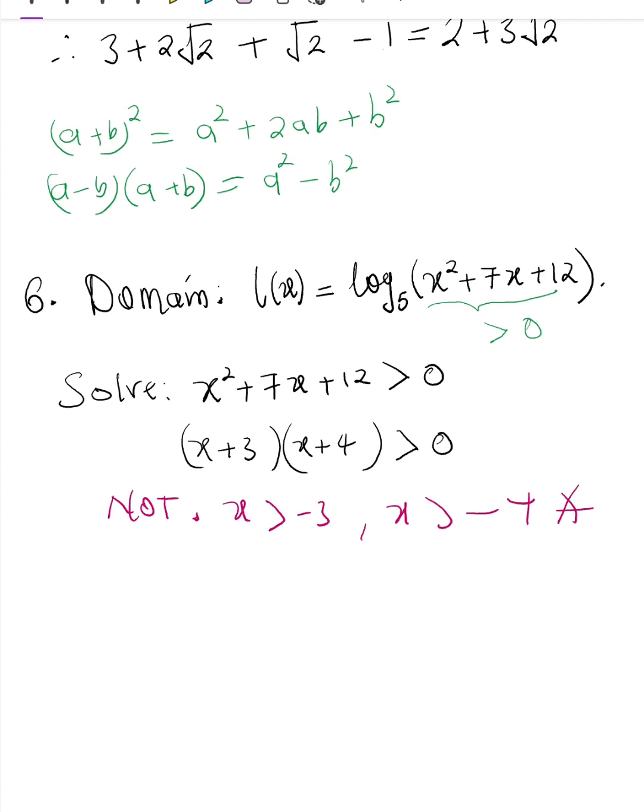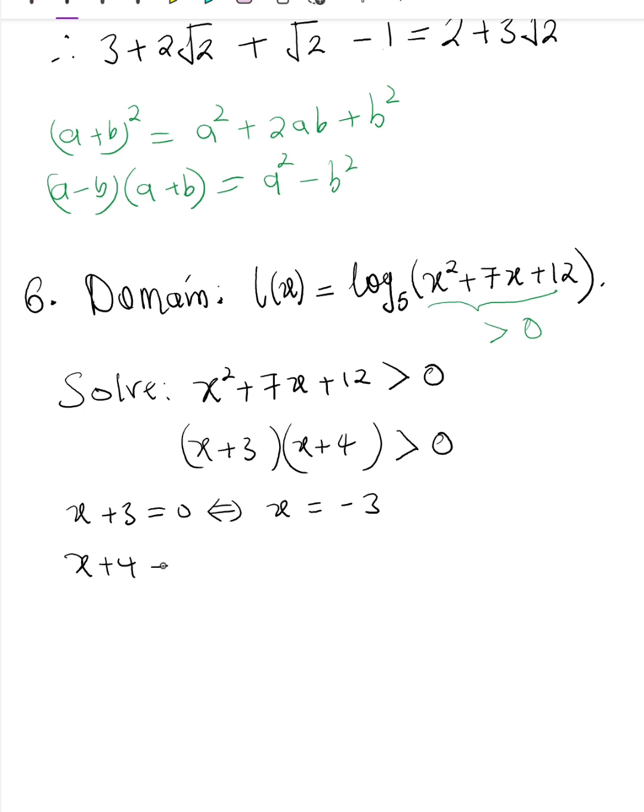Okay, so what we will do, we are going to find critical values, that is values that make each of these factors 0. So the first one is x plus 3 is equal to 0 if and only if x is negative 3, and x plus 4 is 0 if and only if x is negative 4.